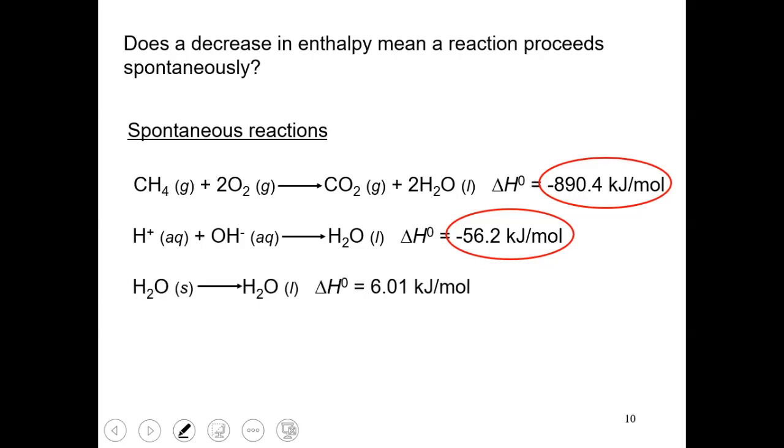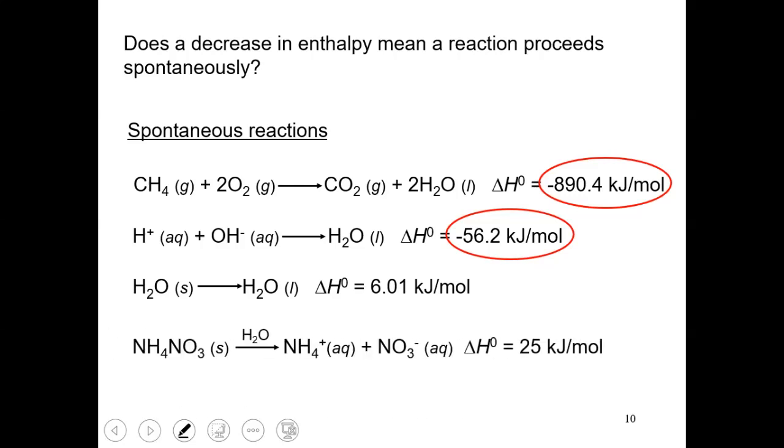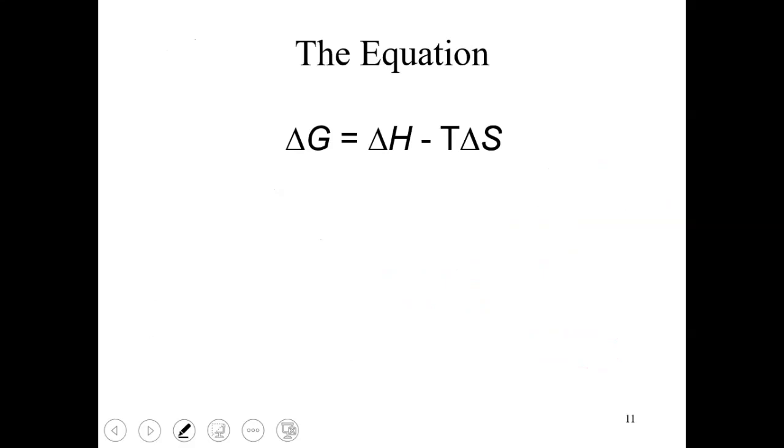However, if we consider, for example, the melting of ice into water, or the dissolution in water of ammonium nitrate, notice that both of those processes, which we know are spontaneous, right? We know that ice will melt. They are both endothermic, right? So that means that having a negative delta H is not a sufficient criterion to predict if a reaction is going to be spontaneous or not.